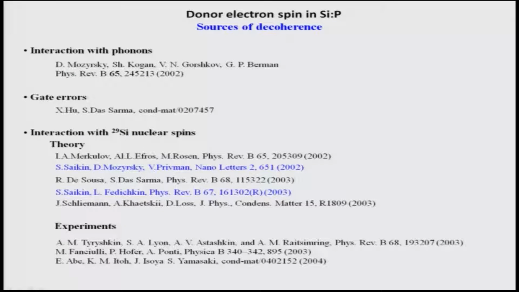However, even here the sources of decoherence exist, and that could be due to interaction with photons. It could also be due to the gate errors which are applied, and there has been a lot of work in this area in terms of the different interactions that can happen for the silicon nuclear spins, and a lot of work has been carried on, as these seem to have very interesting developments in terms of quantum computing.